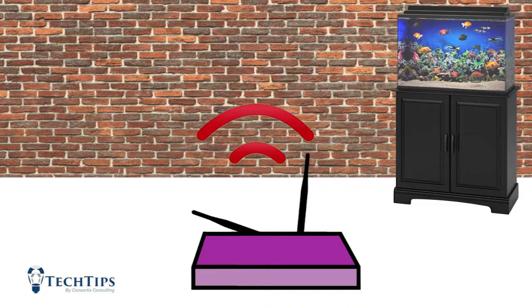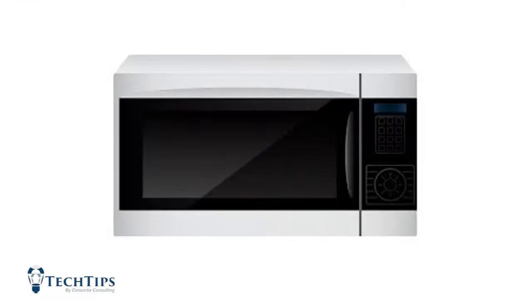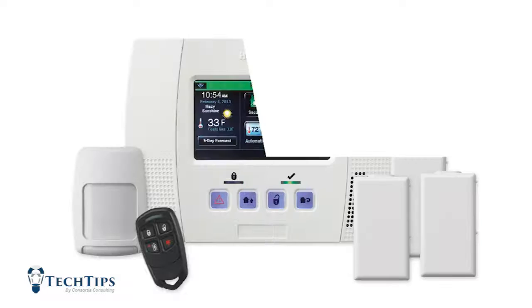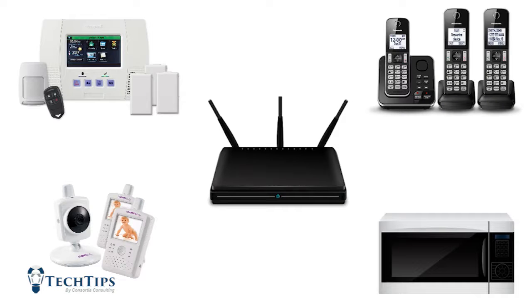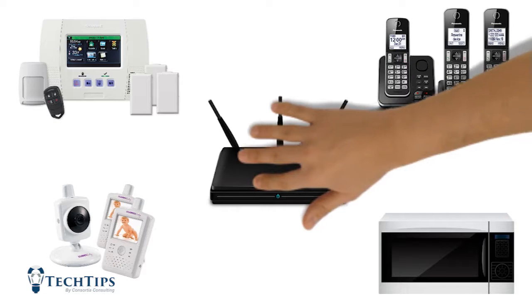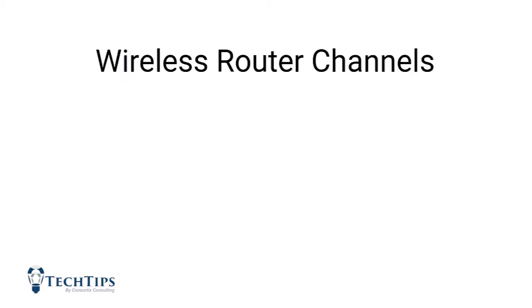If you notice it is periodically weak, then strong signals, you may be getting interference from other electronics, such as a microwave, cordless phones, alarm systems, baby monitors, or even the wireless router of a neighbor. You may need to move the router away from the base of any of these devices. Another option would be to change the channel frequency of your router.